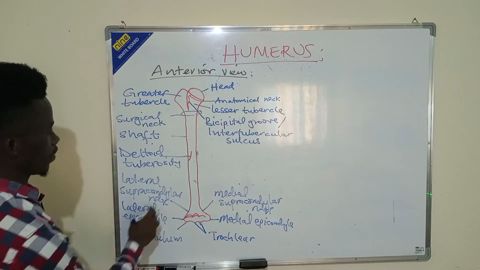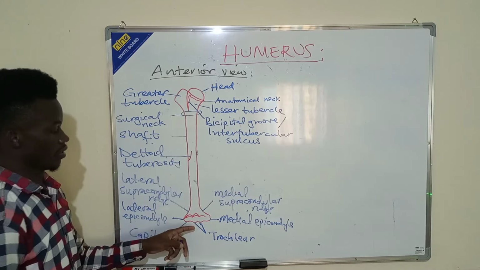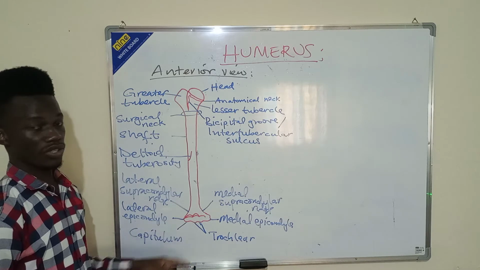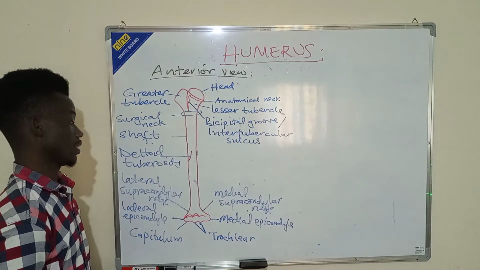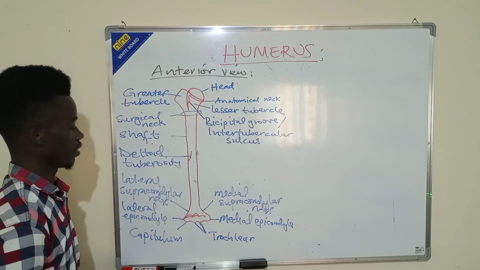Above the epicondyles, or above the capitulum and the trochlea, we have depressions that we view from the anterior side.